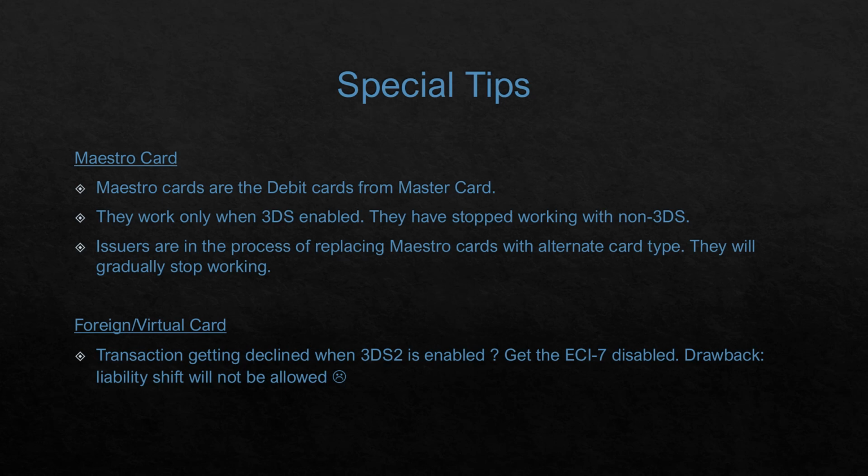So that is the only way to enable these cards over 3DS2, by accepting the liability and disabling this flag so that all the cards go through. In that case, these cards will go through the non-3DS flow even if all the layers are 3DS2 enabled.